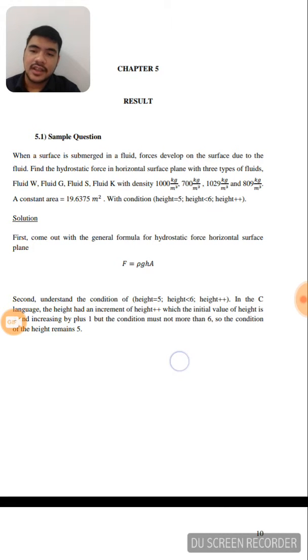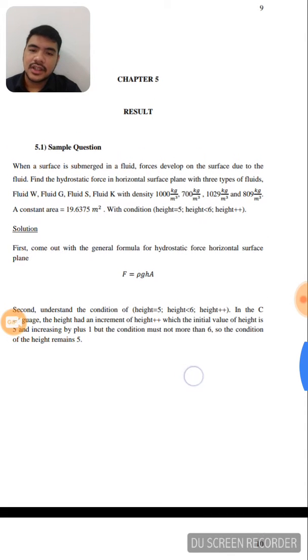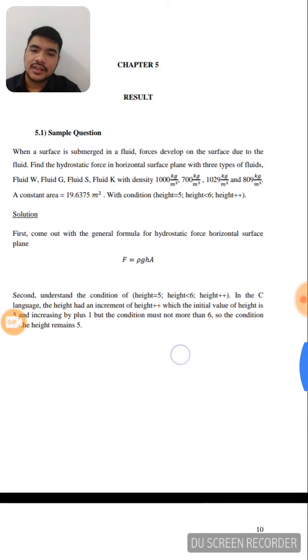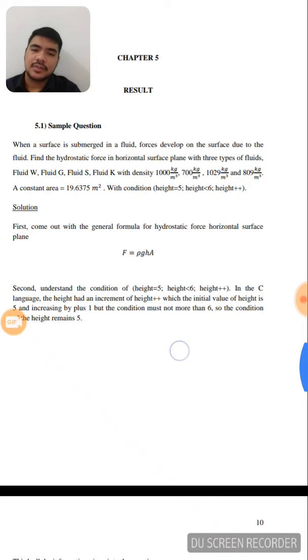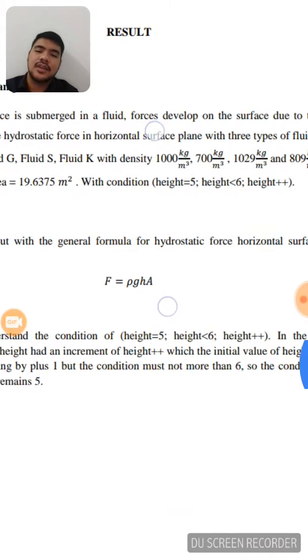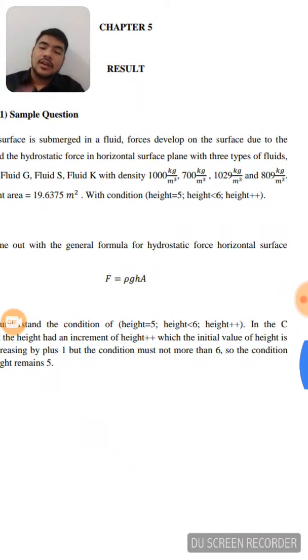The constant area is 19.6375, where the condition is height equals 5, height is less than 6, height is plus plus. This condition is a C language condition.